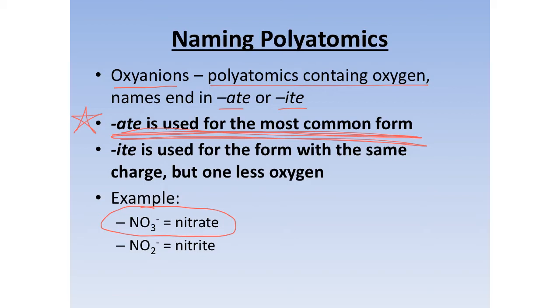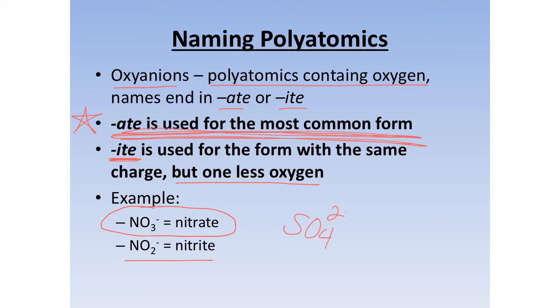So we have to remember that NO3 minus is nitrate. Then "ite" is the same form, but with one less oxygen. So if NO3 minus is nitrate, NO2 minus would be nitrite. We'll look at another example.